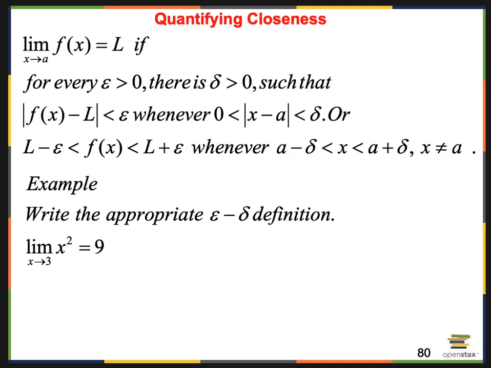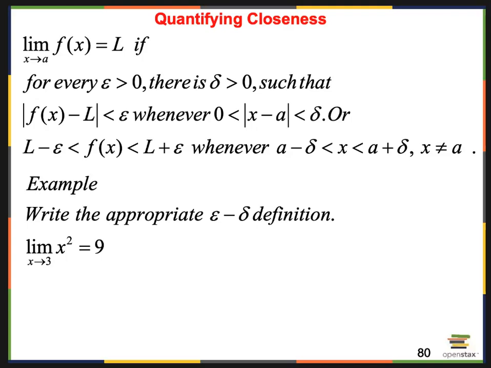Okay. So let's go back and look at our limit of f of x as x approaches a equals L. If for every epsilon greater than 0, there's a delta greater than 0, such that the absolute value of f of x minus L is less than epsilon whenever the absolute value of x minus a is greater than 0 and less than delta, or you can think of it as between 0 and delta. That distance between x and a is between 0 and delta.